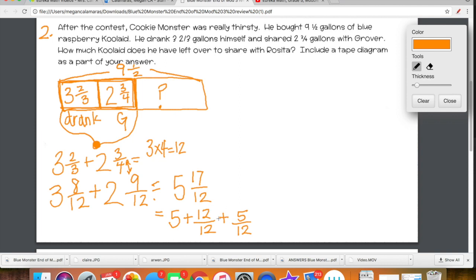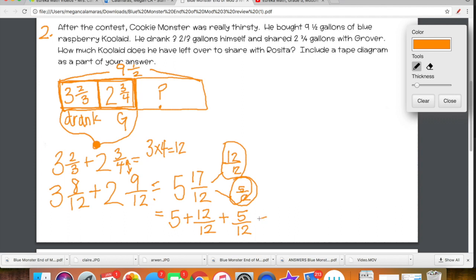Do you guys see how we did that? We decomposed 17/12 into 12 twelfths and 5 twelfths. We just, oops, sorry, I was trying to circle that. We decompose 17 twelfths into 12 twelfths and 5 twelfths. 12 twelfths plus 5 twelfths is 17 twelfths.